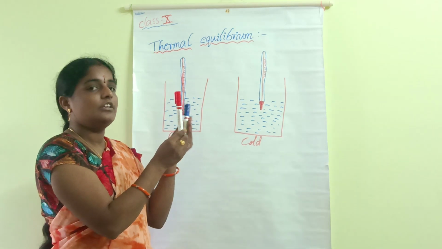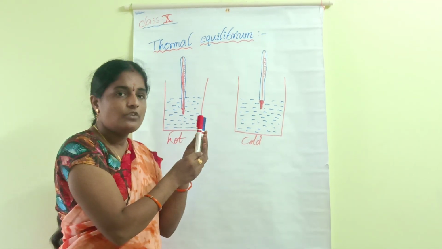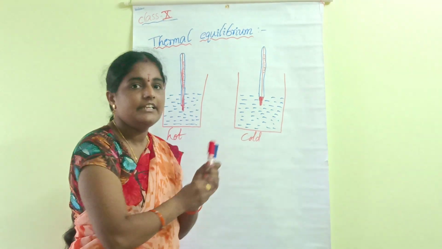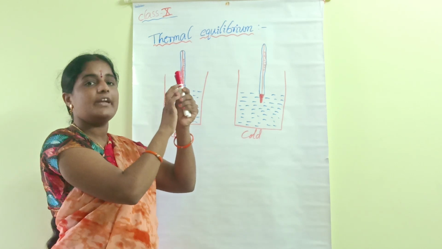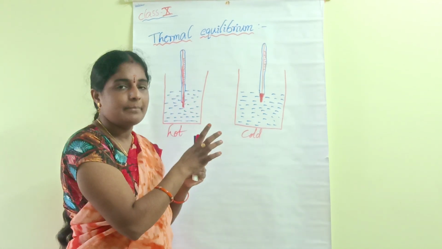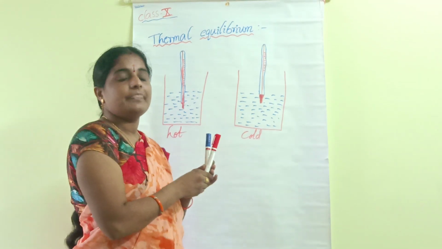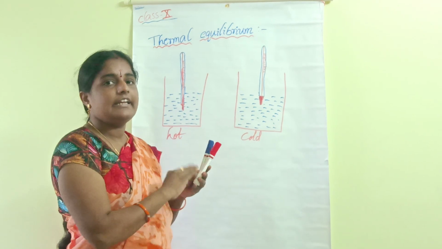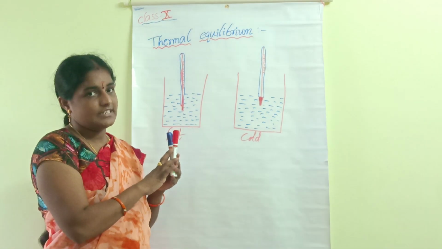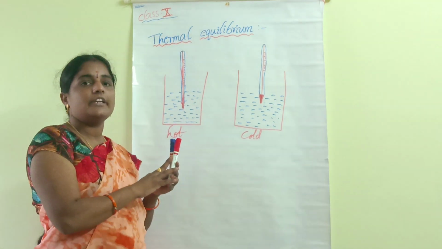This transfer of heat energy continues till both of them attain the same temperature. When they both attain the same temperature, automatically no transfer of heat energy takes place between the two substances. This is the concept we learned about thermal equilibrium.